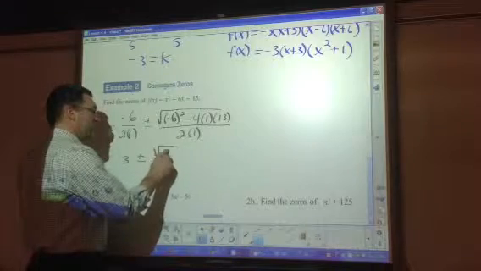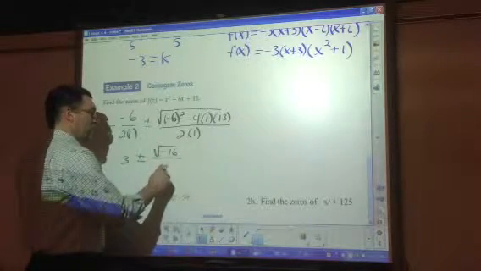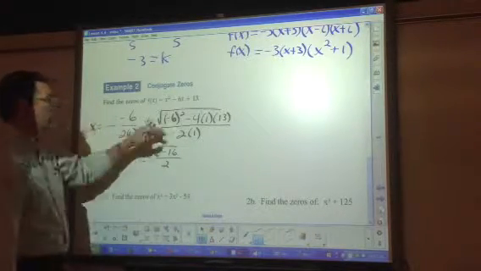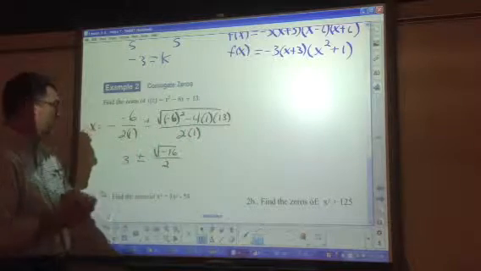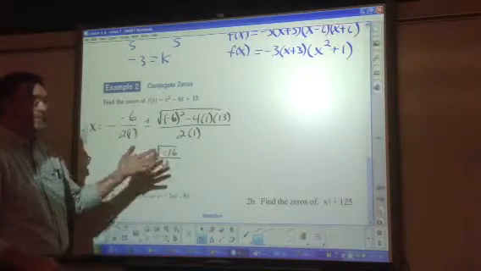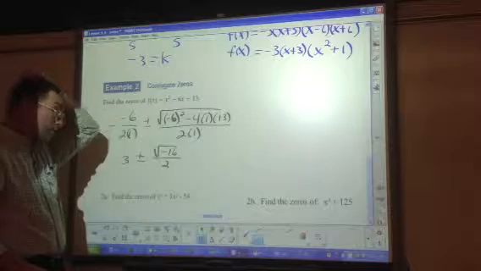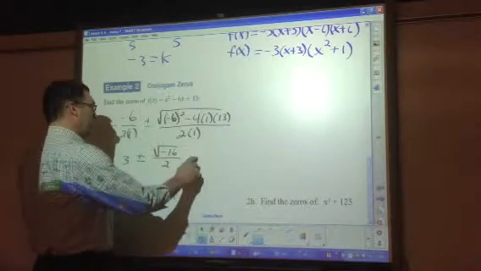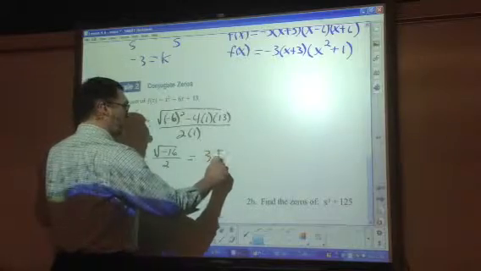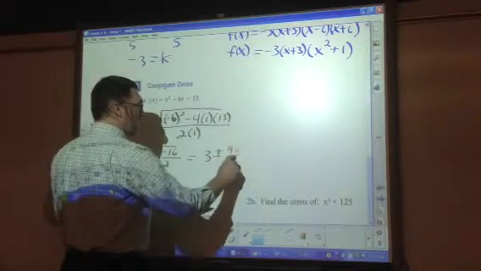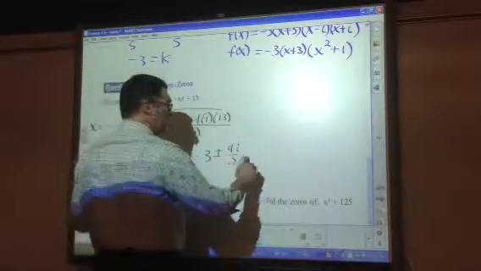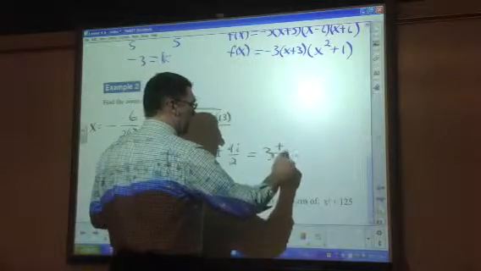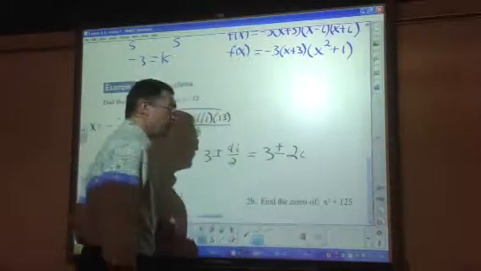So we have negative 16 here over 2. All right, 36 minus 52 is negative 16. So the square root of 16 is 4. Because it's negative 16, that part's going to be 4i. So we get 6 plus or minus 4i over 2. So my zeros are 3 plus or minus 2i.